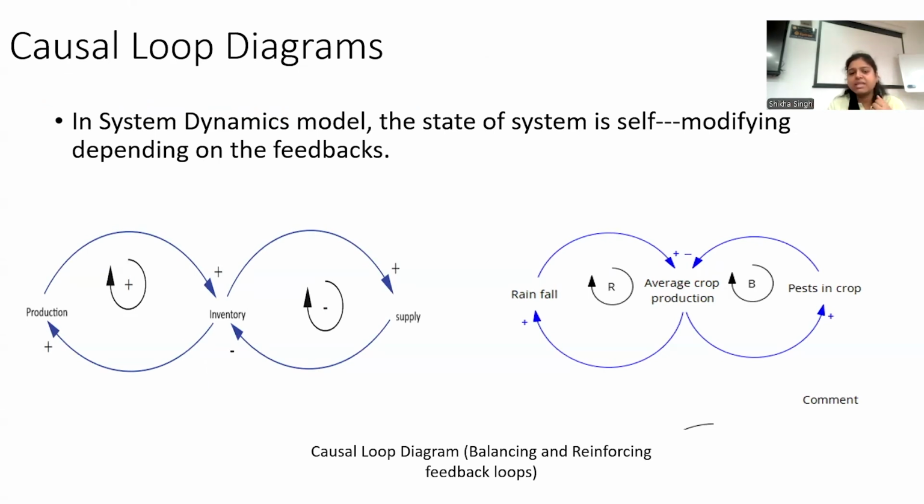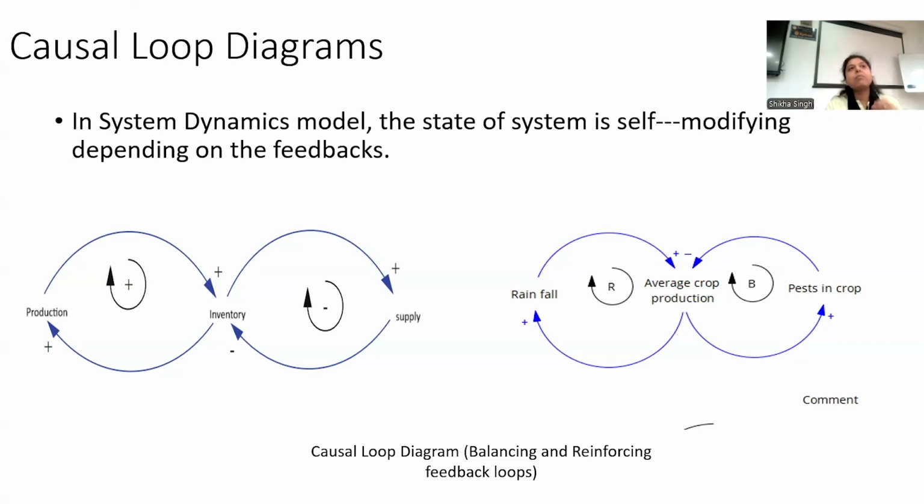So it is easy to identify whether it is overall balancing or overall reinforcing. But in practice, it is not just two variables. Let us say it's a combination of 15, 20 variables. Some are positive, some are negative, some again positive, some again negative. So what is the final feedback, right?